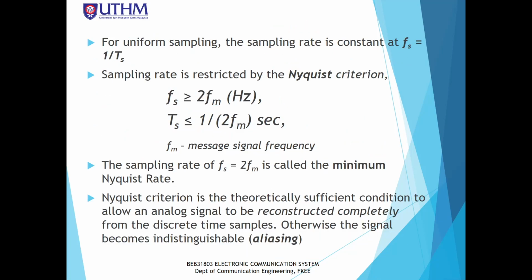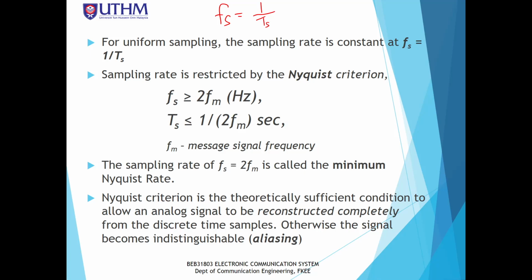So how much is the sampling rate? The sampling rate is Fs, where Fs is equal to 1 over the sampling time. Fs defines the number of samples per second: how many samples should I take in 1 second? That's the sampling rate, Fs.